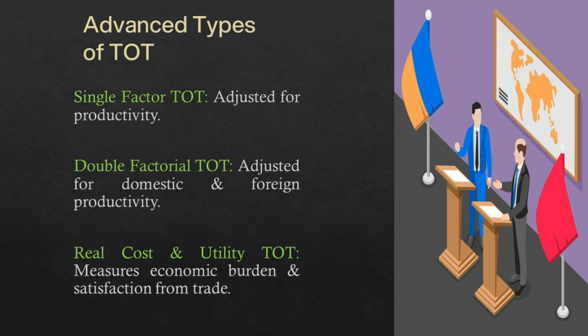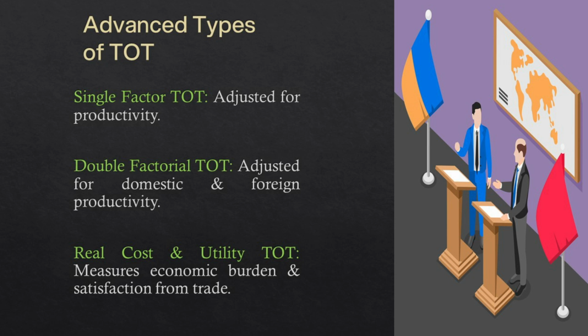The next is double factor terms of trade. It is calculated by multiplying net barter terms of trade with the ratio of factor productivity of the domestic industry and the foreign export industry. So here we consider one more variable, that is the foreign export industry.